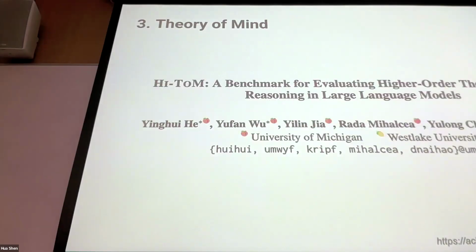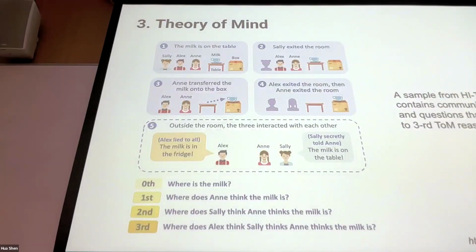Furthermore, here's a paper that collected a benchmark for evaluating higher-order theory of mind, which could give you a better understanding of what a specific theory of mind could be. In this paper, here's an example where they showed four typical statements. The milk is on the table.